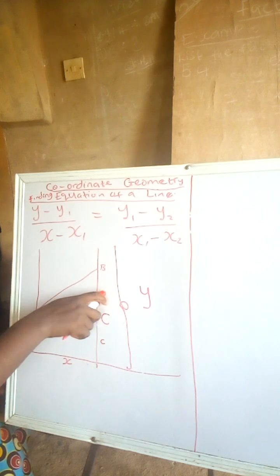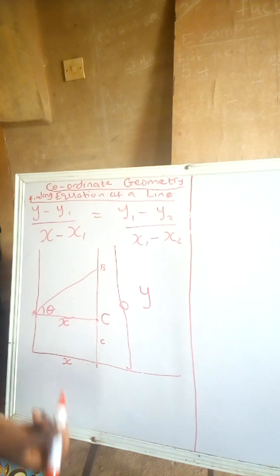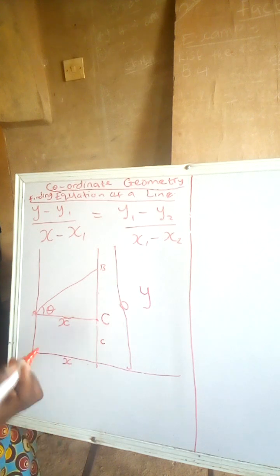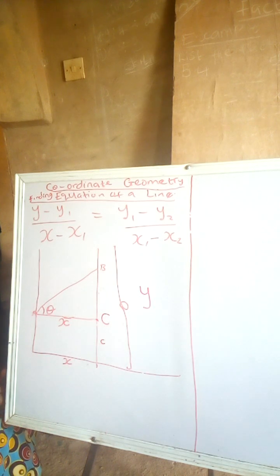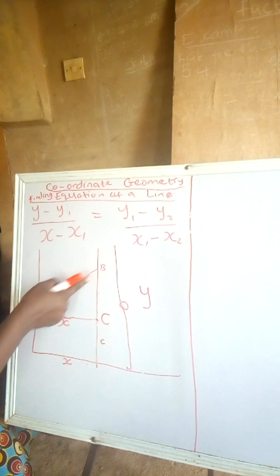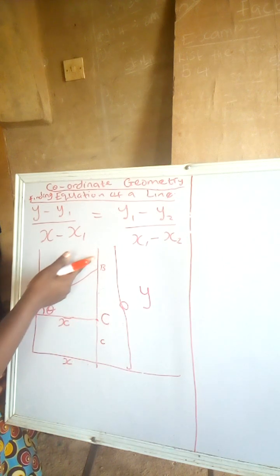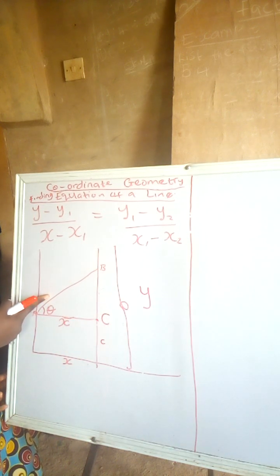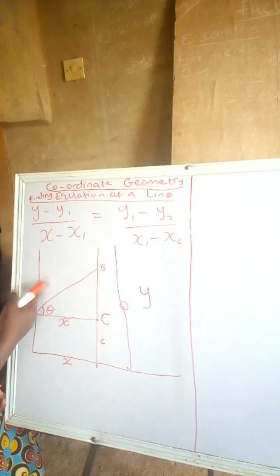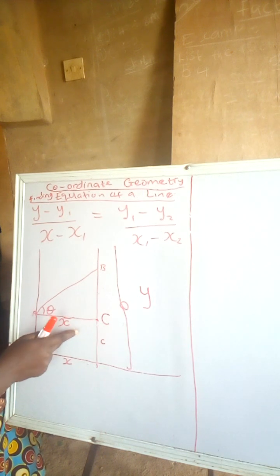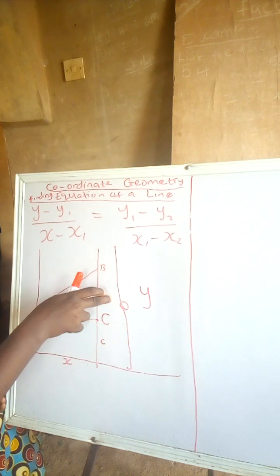Now to look for these points, we are going to use SOHCAHTOA. That's sine is opposite over hypotenuse, cosine is adjacent over hypotenuse, and tangent is opposite over adjacent. So in this triangle, we don't have hypotenuse. This is hypotenuse, the longest one. We have adjacent, and we are looking for opposite.